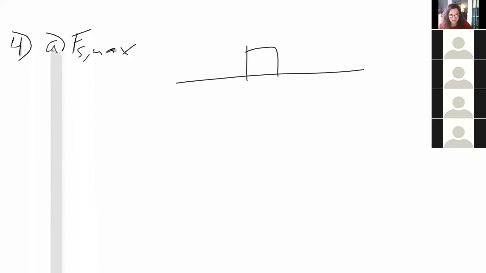So for part A, we're going to apply a force so big that the chest is on the verge of moving. In other words, for part A, we're going to have the force of static maximum, and we can go ahead and sketch out our block. We have block, we have an applied force at an angle theta. Those are both given in the problem for part A. And what are our other forces here?